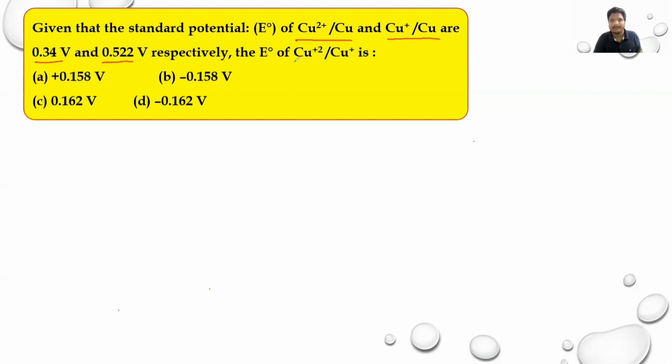So if you see this question, they have given the standard reduction potential, that is E naught of Cu2+/Cu is 0.34 volts. And also they have given the standard reduction potential of Cu+/Cu.